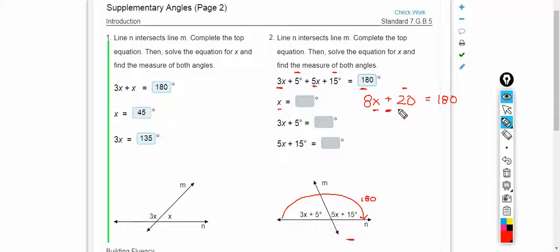This is a minus 20 and a minus 20. Making sure that you put that in your notes. And then we drop down everything that's left over. This cancels, so that leaves us with an 8x, and when we subtract, we get 160 here.